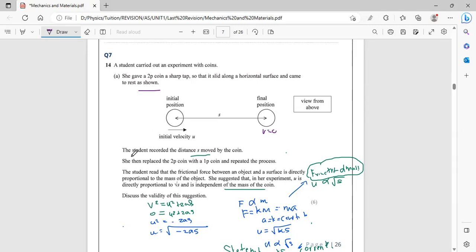She then replaced the 2p coin with a 1p coin and repeated the process. The student read that the frictional force between an object and a surface is directly proportional to the mass of the object.